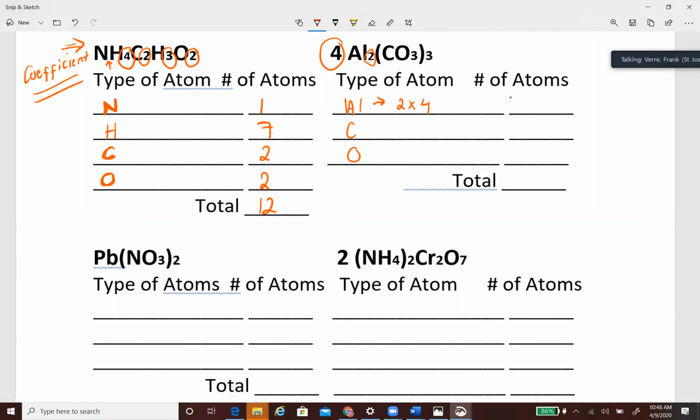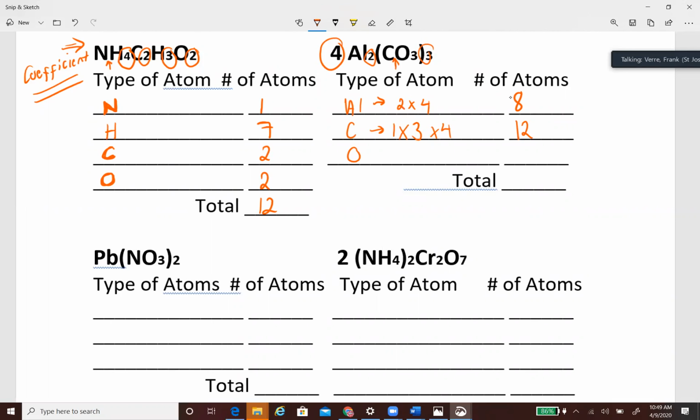So 2 times 4 would give me 8. Okay. This 3 does not apply to aluminum because it only applies to the things in the bracket. So if I look at carbon, I'll notice that there is no subscript. So that means it's 1. There's a number outside the bracket. So that's a 3. So 1 times 3. And there's a number in front, which is a 4. So that means that there's 12 carbon.